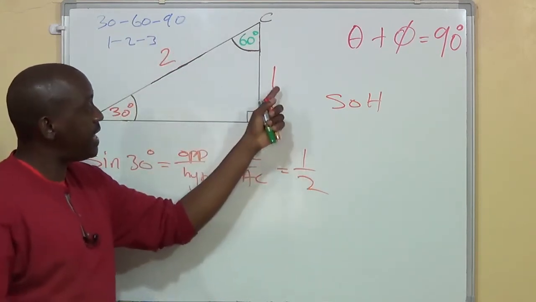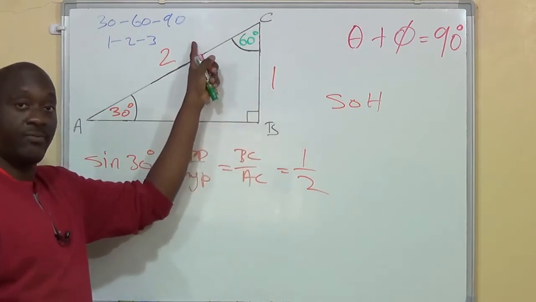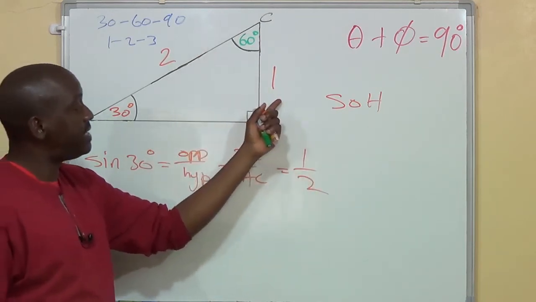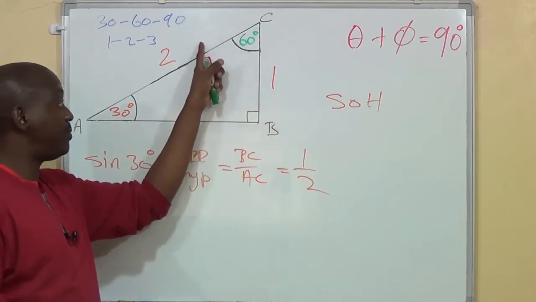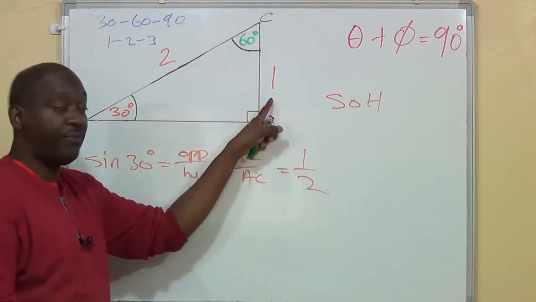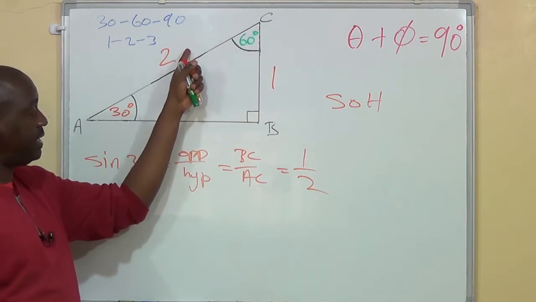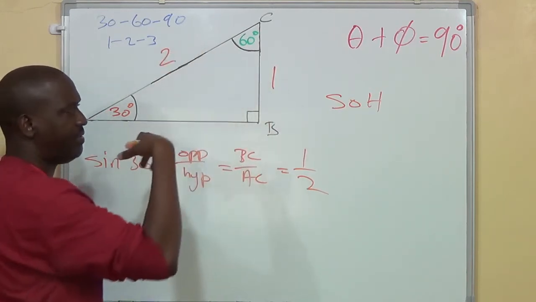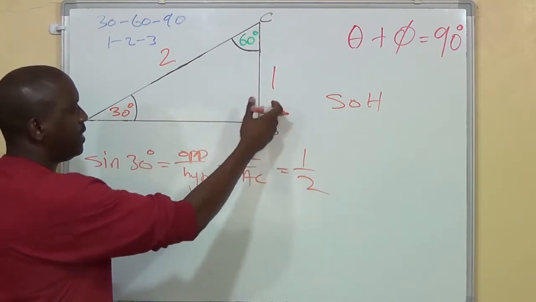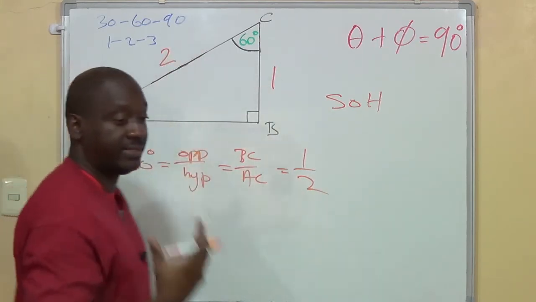If this side is 2, then this side is 4. If this side is 5, then this side is 10. If this side is 100, this side is 200. If this side is 64, this side is 128. If this side is 1.5, this side is 3. If this side is 2.5, this side is 5, etc.